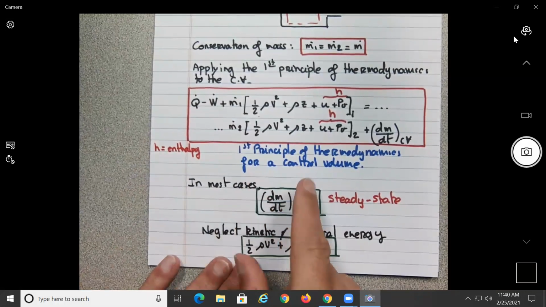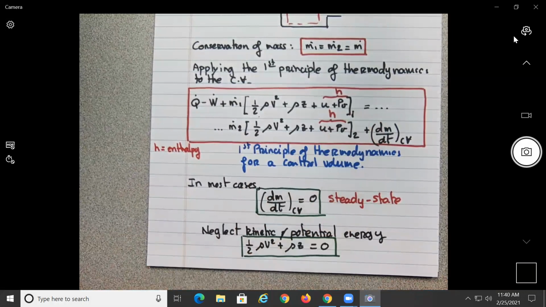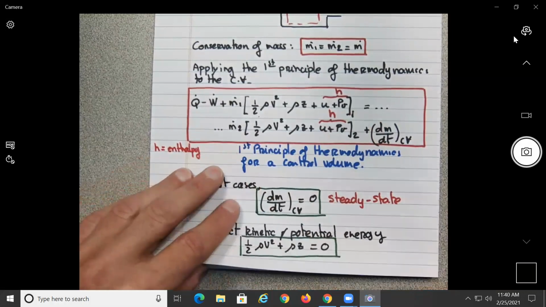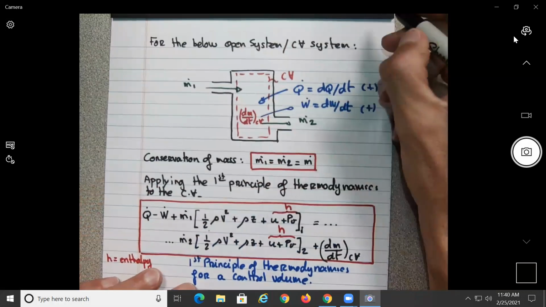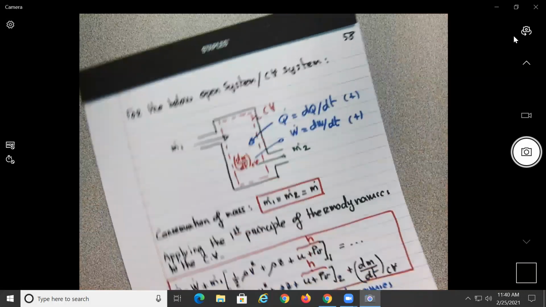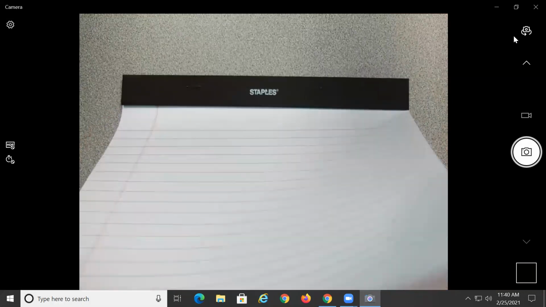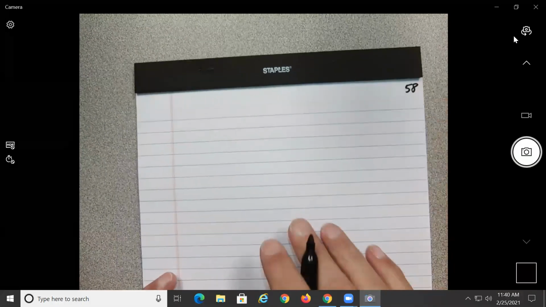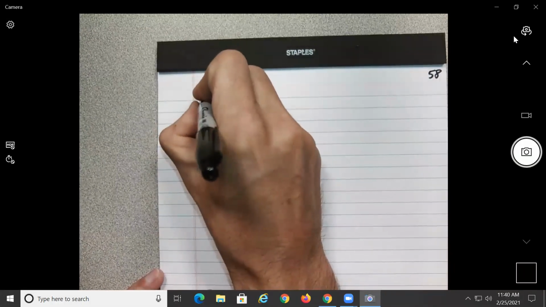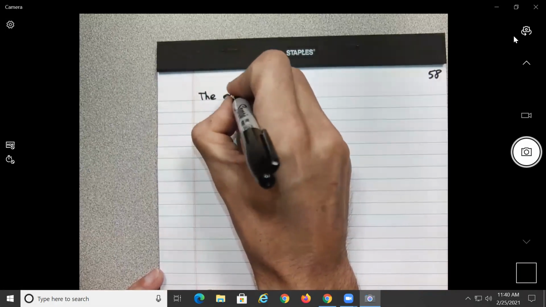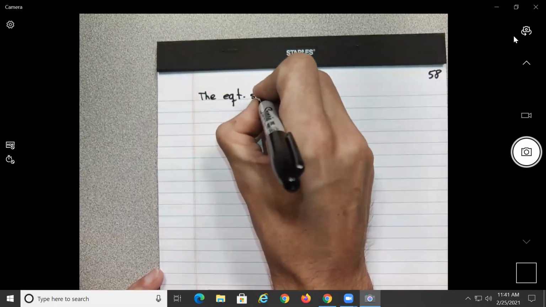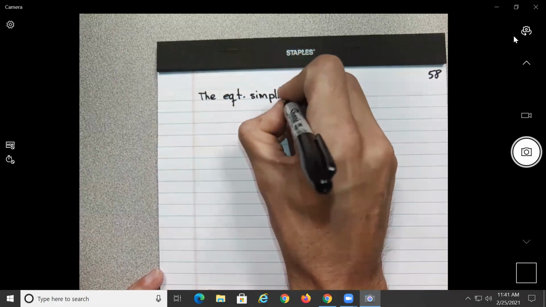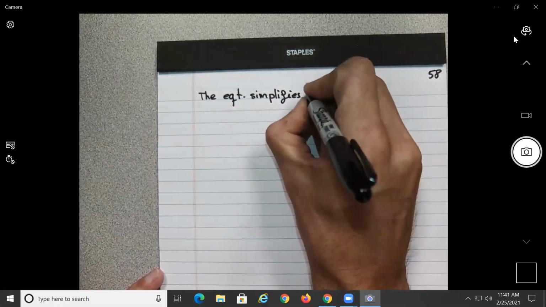Okay, so if we do these two assumptions and we simplify the equation, the equation simplifies to what?